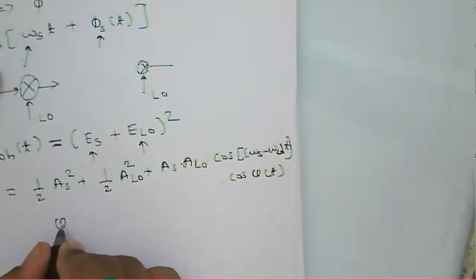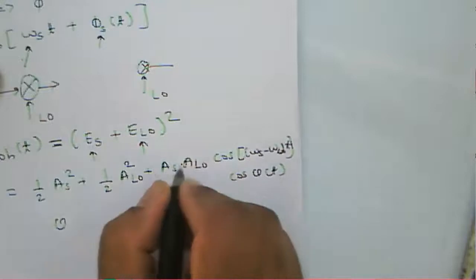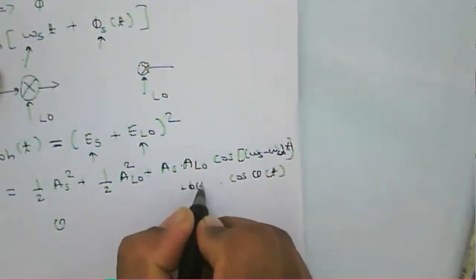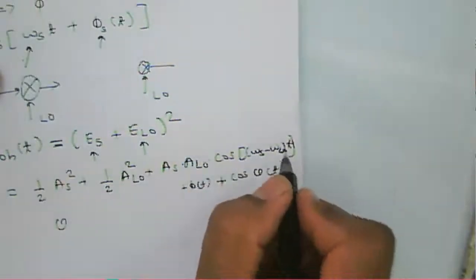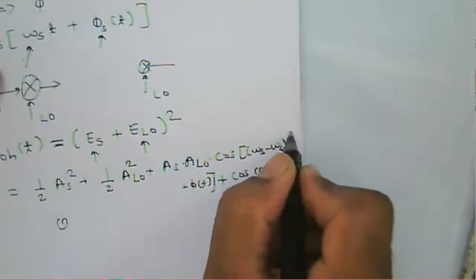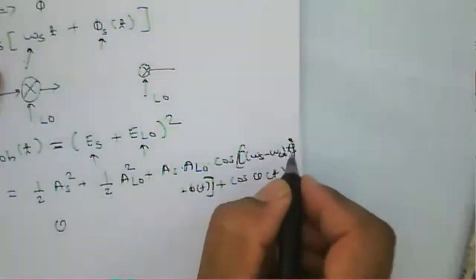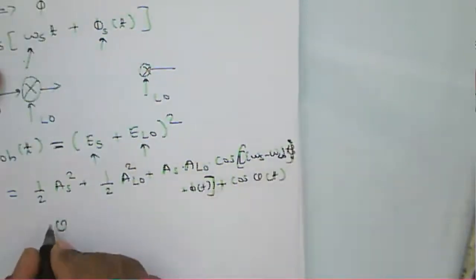That theta is nothing but, here we have omega t plus phi of t, cos of omega t plus phi of t, in cos of theta t.